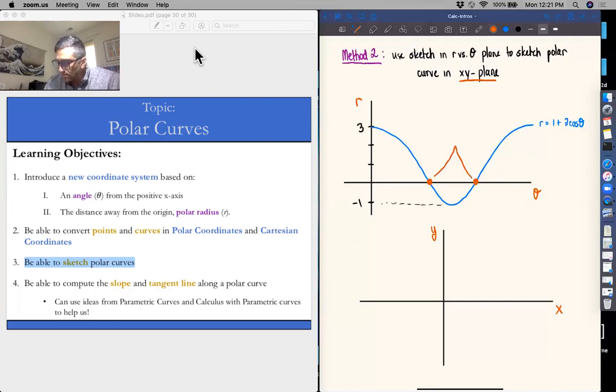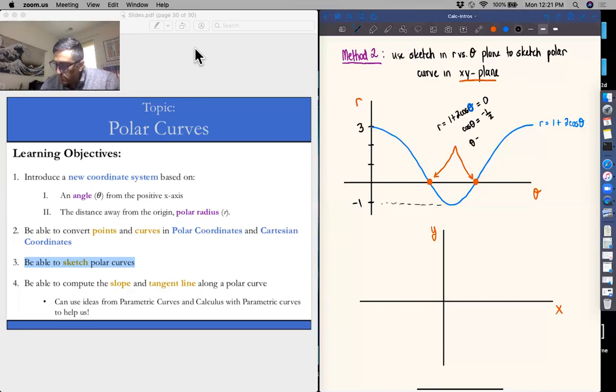And what's nice is we can actually solve for those particular angle values. So we have r equals 1 plus 2 cosine theta, and if we want to find what theta is at those 2 points, we can set that equal to 0. What we end up finding is that cosine of theta is equal to -1/2 at those 2 points.